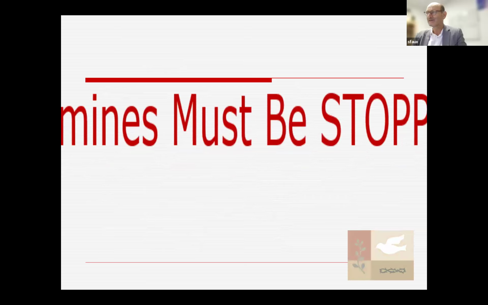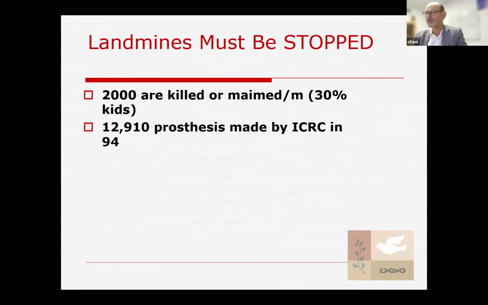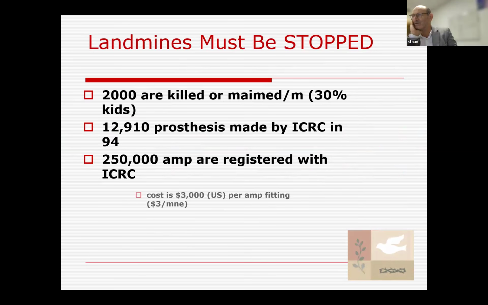So it's essentially landmines, and 2,000 are killed or maimed every year, mostly children. There were 12,900 prostheses made by the International Red Cross in '94, but there are 250,000 amputees registered with the International Red Cross.